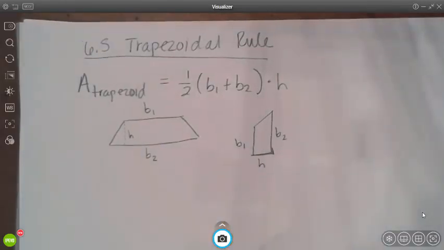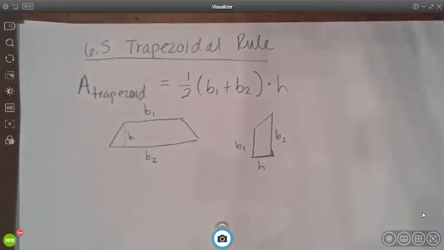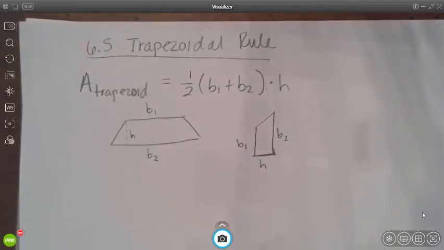Okay, so we're just going to go back to that example we did day 1 of the rectangles.